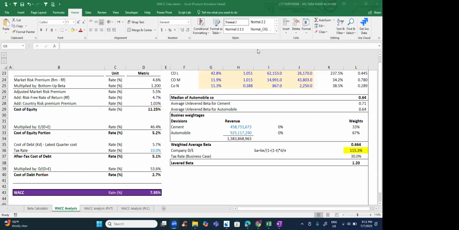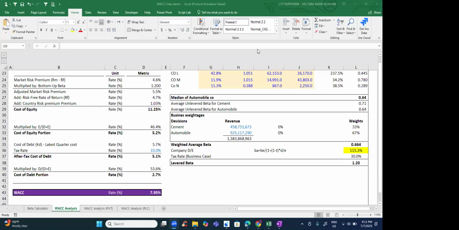Two sources are very famous, Bloomberg or Damodaran. Bloomberg is not available everywhere, but if you want to get it, brokers like AHL or AKD share some data from Bloomberg.